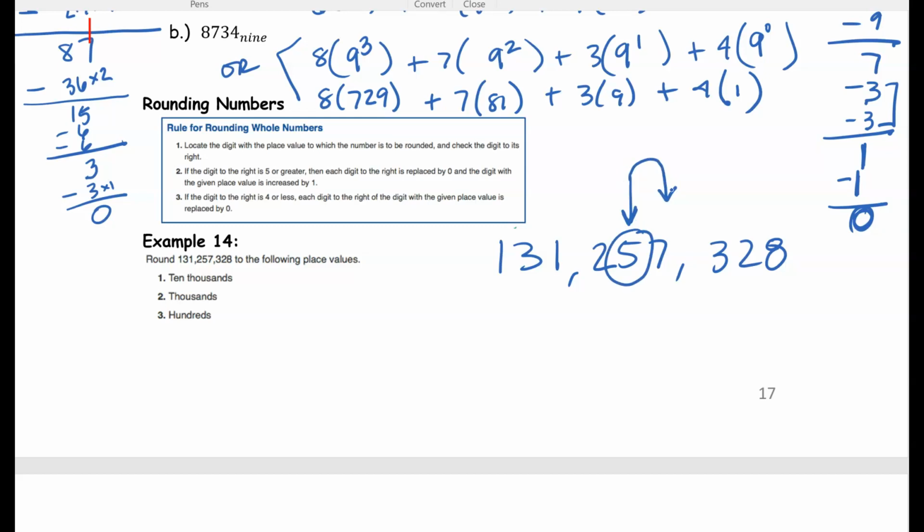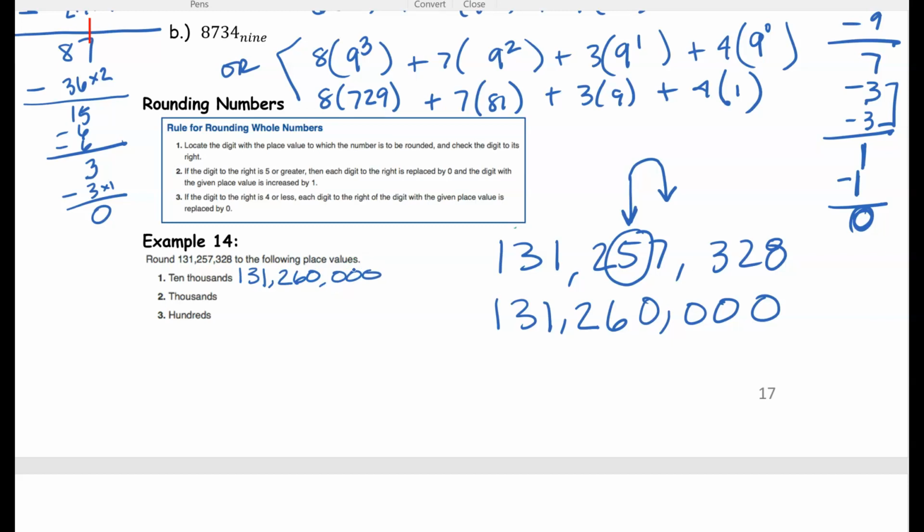If that number is 5 or greater, then we change the number and we increase it by 1. Since the number to the right is a 7, it's 5 or greater, we're going to change that 5 to a 6. So I'm going to write down the whole number, 13126, and then everything else becomes a 0. So the answer to this first one is 131,260, and then that's it.